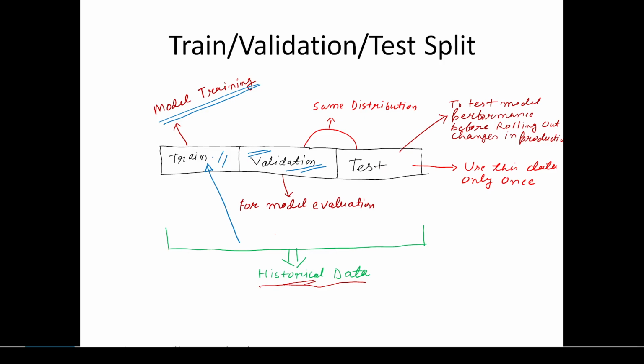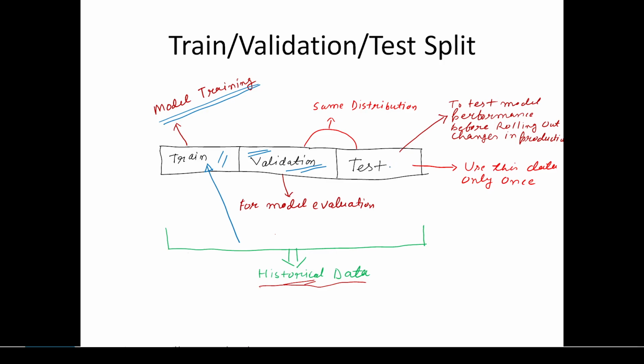Because if due to some reason my training process looks into the validation or test split, the evaluation against the validation and test data would be biased, because my training pipeline has looked into those data, and that will not fulfill the actual requirement.